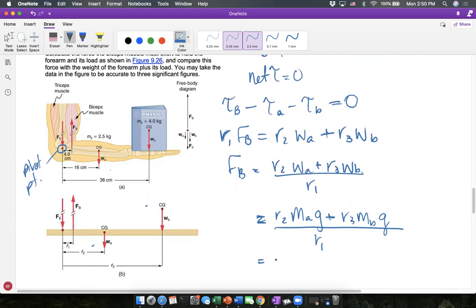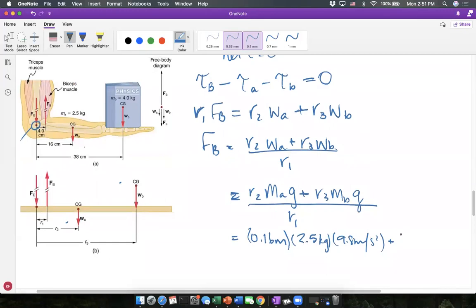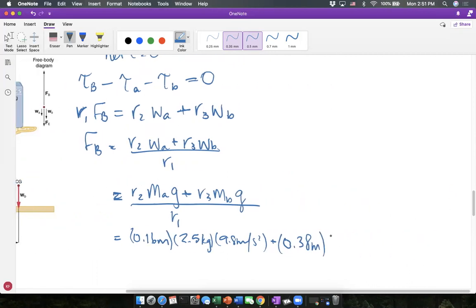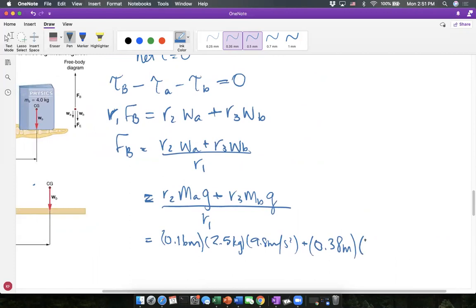R2 is 16 centimeters or 0.16 meters. Mass A is going to be 2.5 kilograms times 9.8, plus R3, which is 38 centimeters, so 0.38 meters, times our mass, which is 4 kilograms, times 9.8.